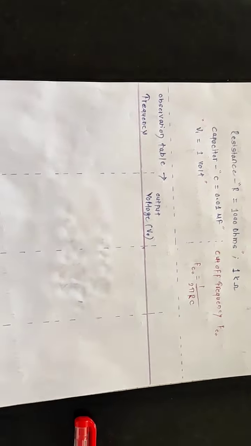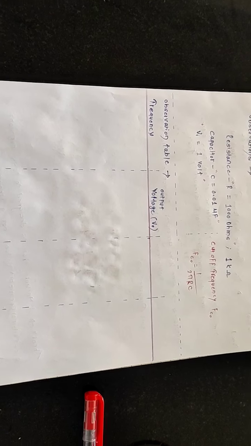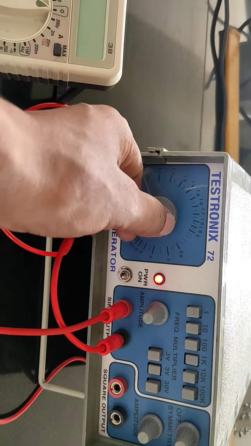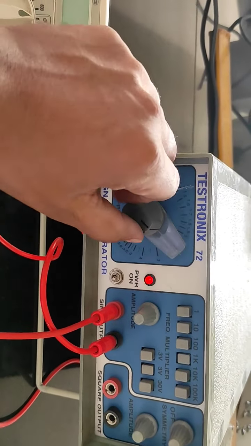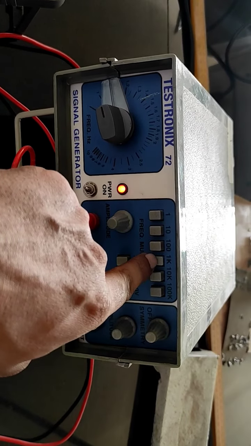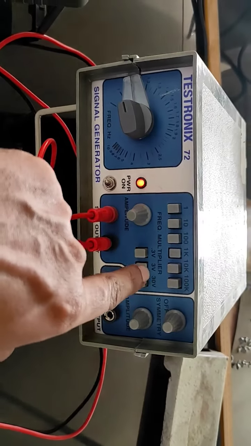So the observation table has two components in it: frequency and output voltage. This frequency can be adjusted using this particular knob by moving it forward or backward in a circular motion, and here we can select the range of frequency which is necessary.